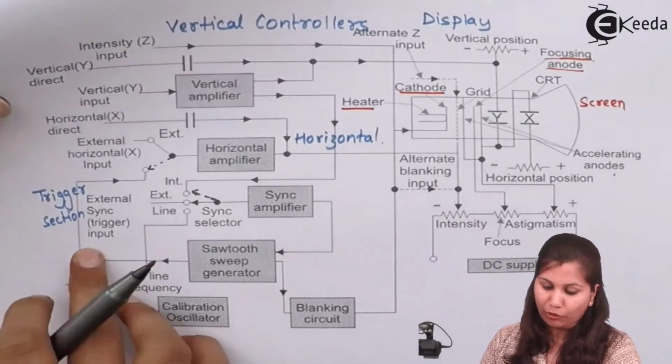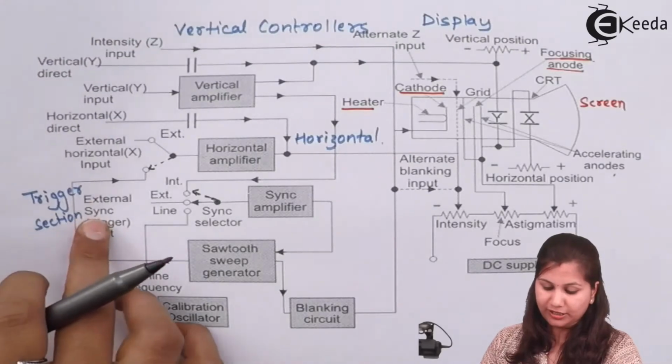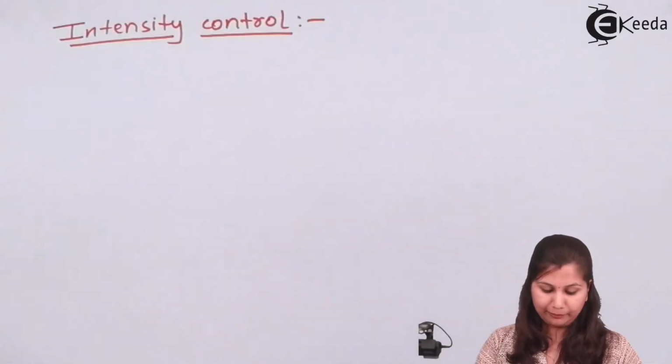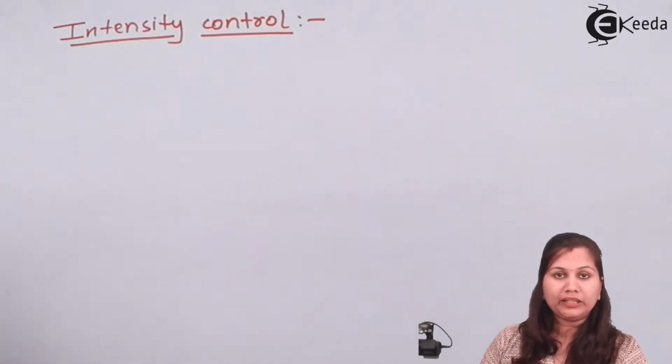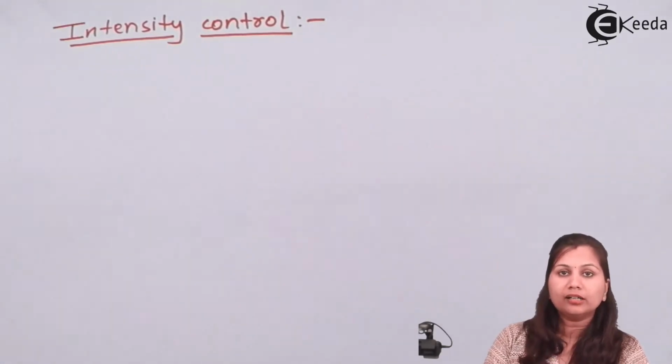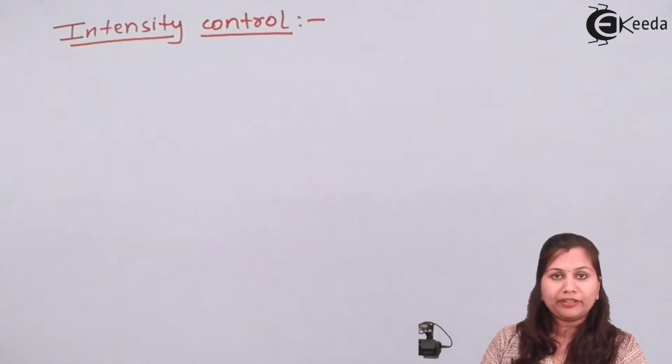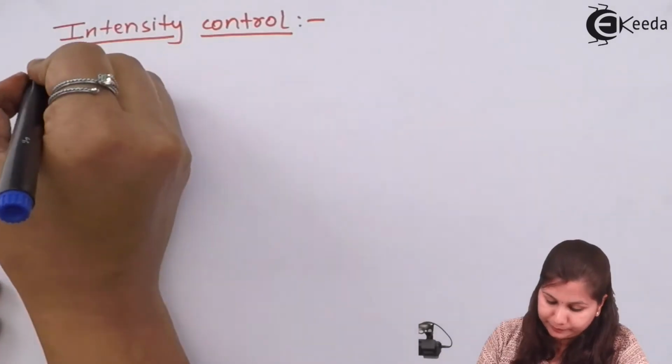So for intensity modulation, we can say that changes in the intensity of the spot can be done by inserting a signal between the control grid and the cathode, so that the number of electrons passing through the control grid can be controlled.